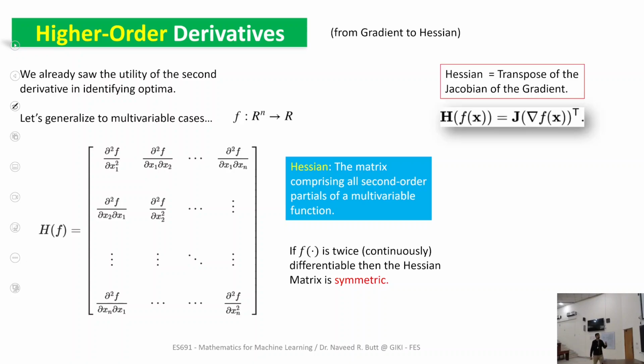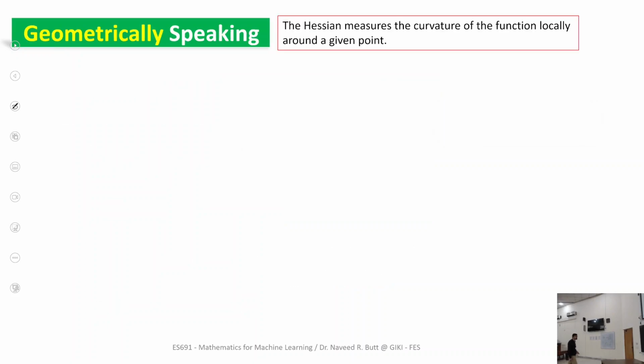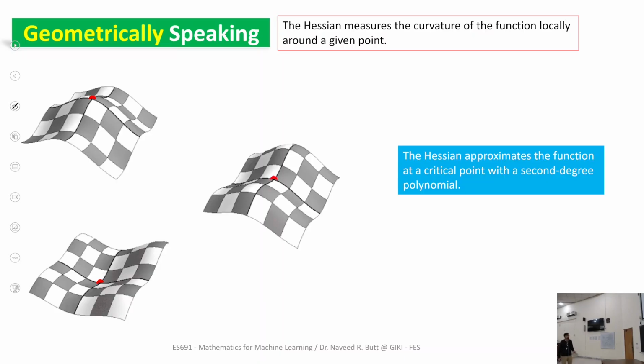How are they related? This is a very interesting result. The Hessian is the transpose of the Jacobian of the gradient. Everything comes together in one line, understand? It's the transpose of the Jacobian of the gradient. So what does the Hessian now represent? Just like we used the second derivative for curvature earlier, it's the same here. It captures the curvature of the function locally around a given point.